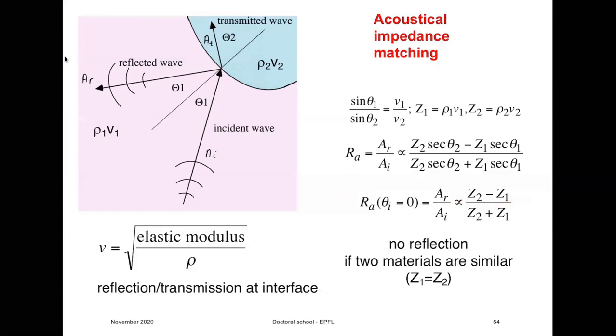So if you have a piezoelectric ceramic, which has a very high density and very high acoustic velocity with respect, for example, to the human body, and the human body has acoustic properties of water, more or less. So ceramics are very dense, the speed of sound is very large, while the human body has a very low density of 1.